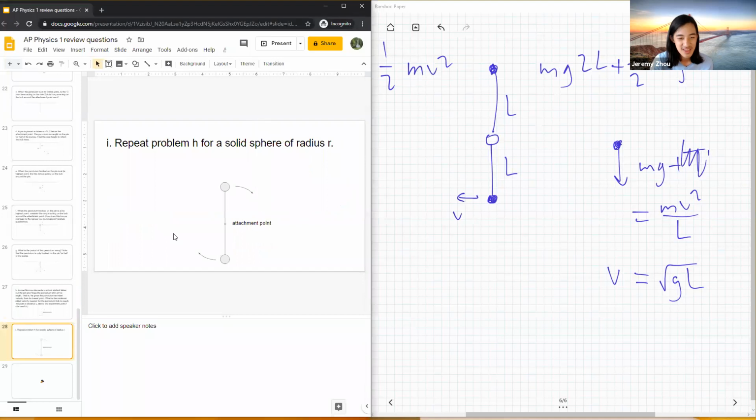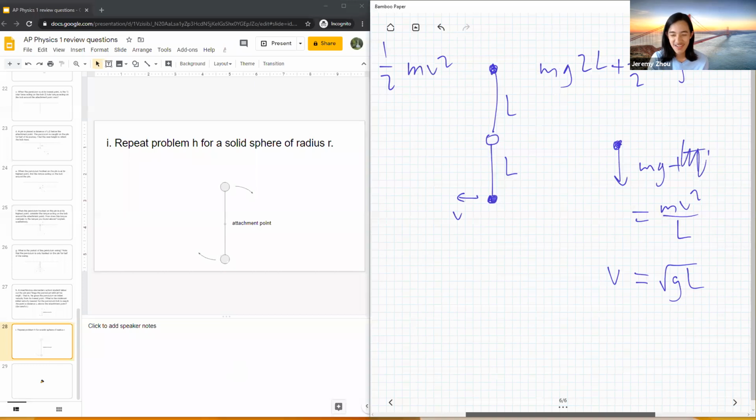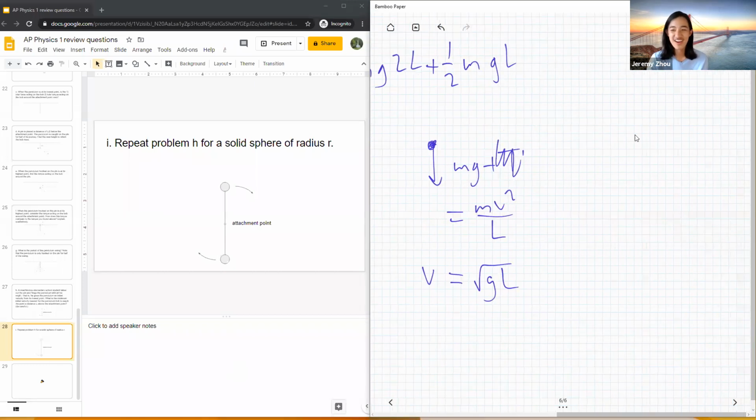I just wanted to do this to check in: what do people know about moment of inertia? So this question, why is it lagging so much? Yep, no more pin. But now we're repeating. Go to the bottom. I'm bullying all of you, because now it's a sphere.